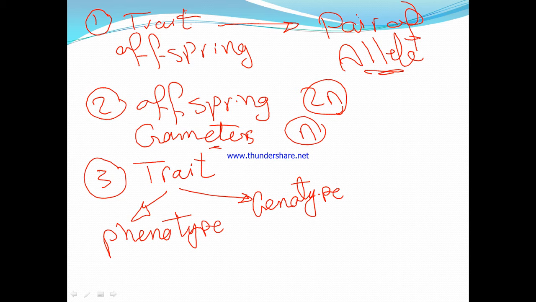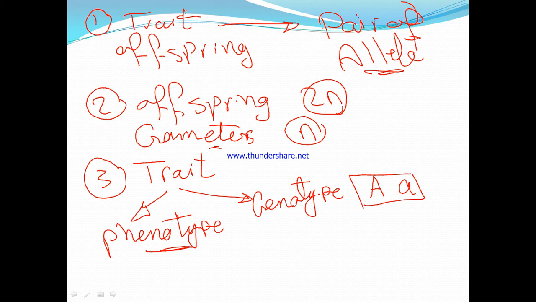Genotype means the model of gene represented in a pair of alleles, like A capital, A small, whatever the alphabet letter symbol, and whether it's capital or small according to the action between them. Phenotype is the type of trait or the model of trait, or the alternative character or alternative trait, which may be red or white. It means the appearing trait in the offspring.